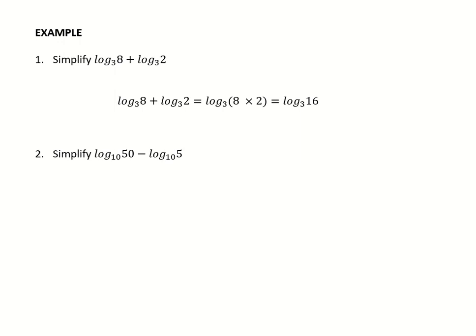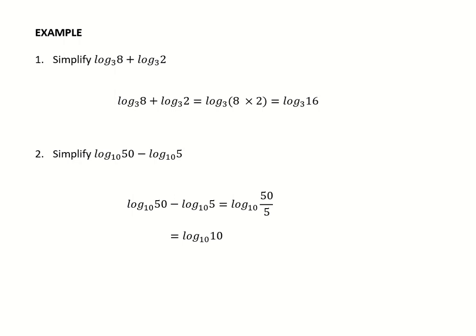So for the second one, same kind of idea. We've got the same base, and we're taking away this time. That means when we're taking away in terms of logs, then we can divide the things we're finding the log of base 10 of. So it's log of base 10 of 50 divided by 5, which is log of base 10 of 10.